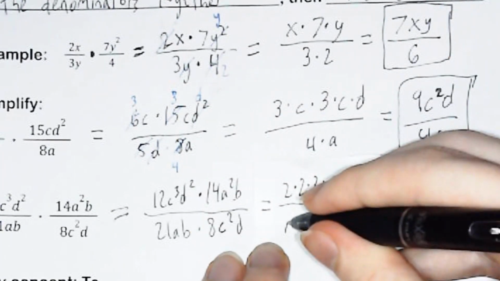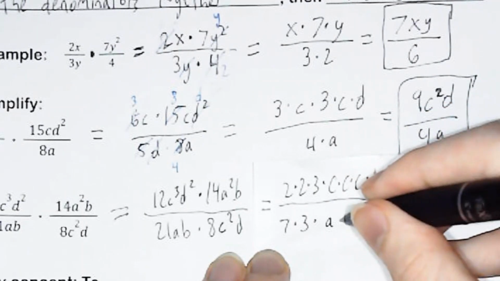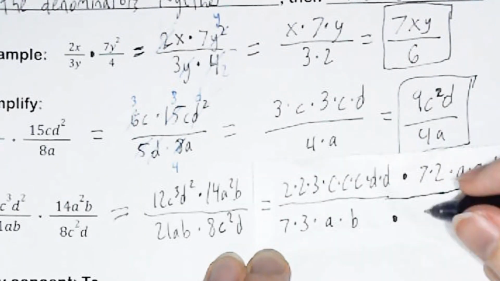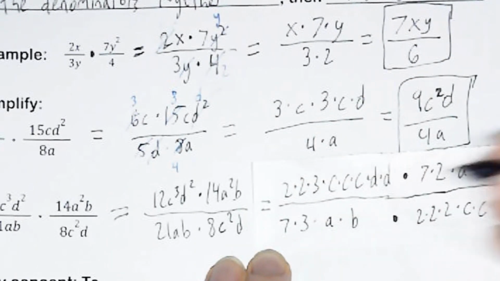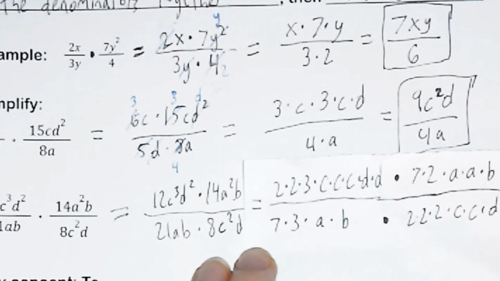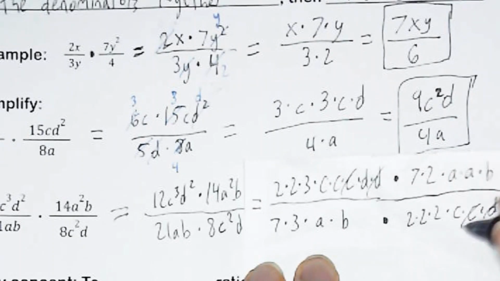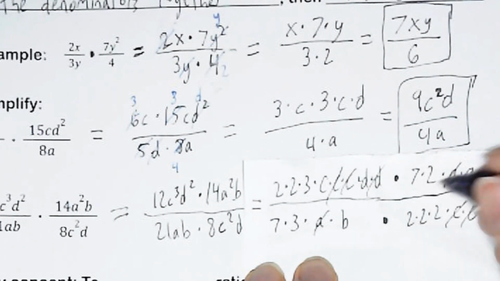And on the bottom I have 21, which is 7 times 3, times a times b. 8 is 2 times 2 times 2. C squared is c times c. And d is d. You can write it all the way out like this if you need to, and then cancel everything that's common between the top and the bottom.